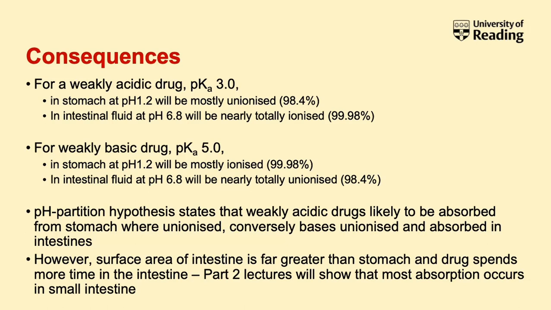In part 2, you will look at lectures that show that most absorption occurs in the small intestine for weakly acidic and weakly basic drugs. However, the pH partition hypothesis does tell you how the properties of the drug differ and the impact that may have on the ability of the drug to absorb in different areas of the GI tract.